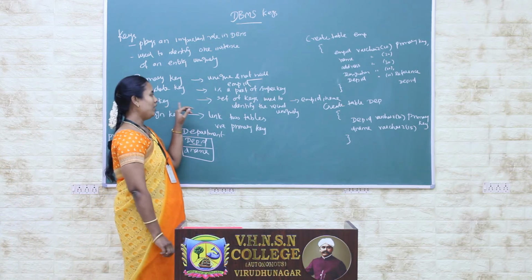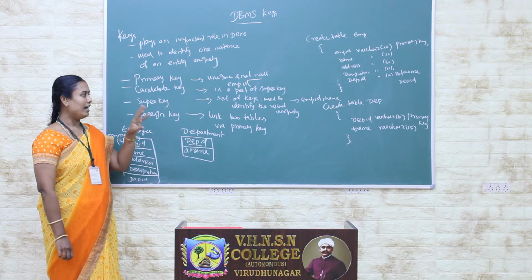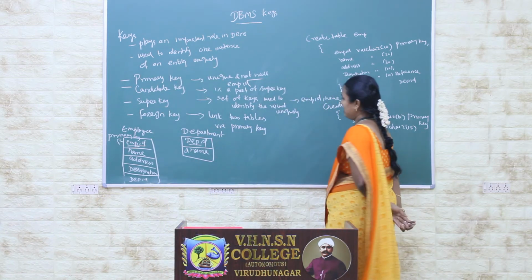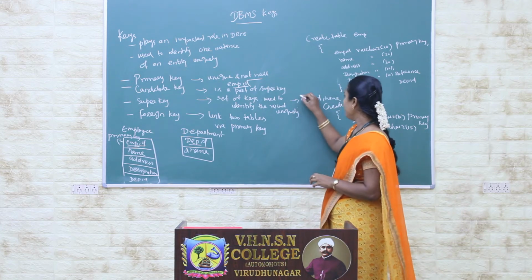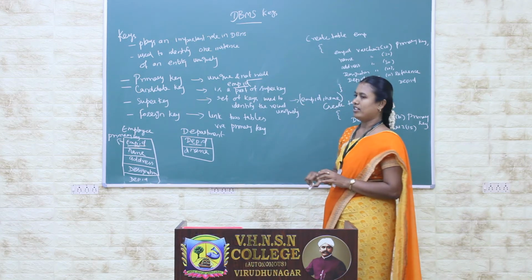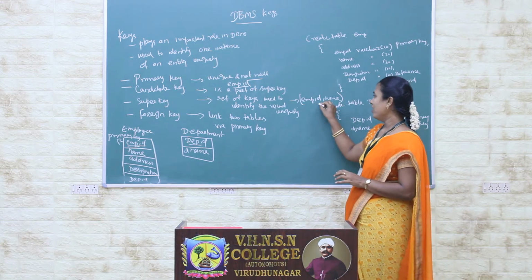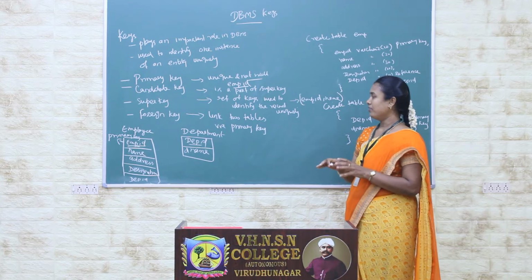Okay, the next is the super key. What is a super key? A set of keys used to uniquely identify a record. With the primary key, only employee ID can act as a primary key. In the super key, I can select 2 different fields, employee ID and name. We call it a super key because we can collect more than one field from the table.